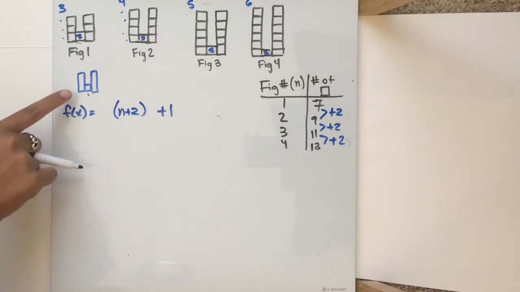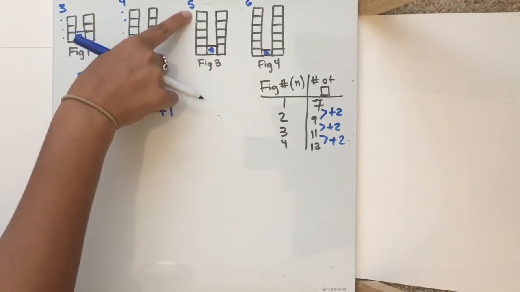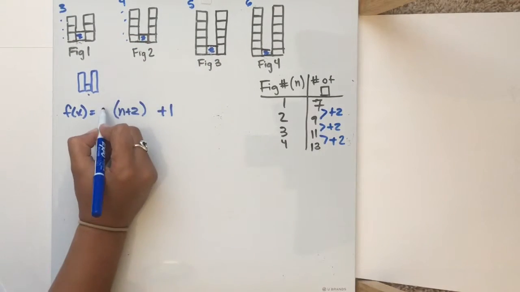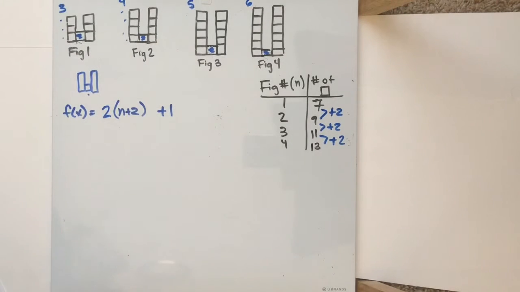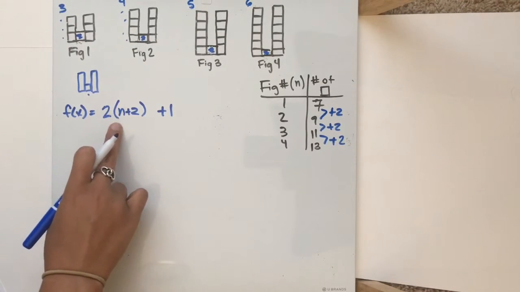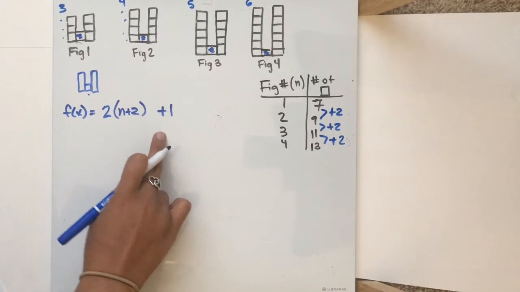But realize that that only counts for one of the columns. You have 2 equal columns on each figure, so you can easily remedy that by multiplying by 2. That makes our equation 2 times the quantity n plus 2, plus 1.